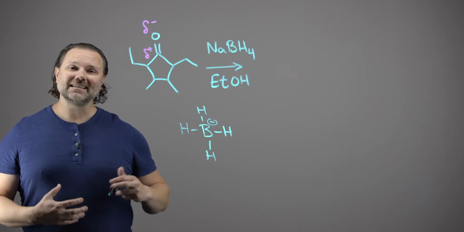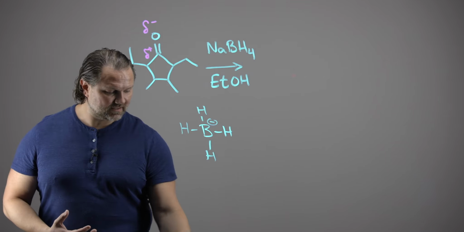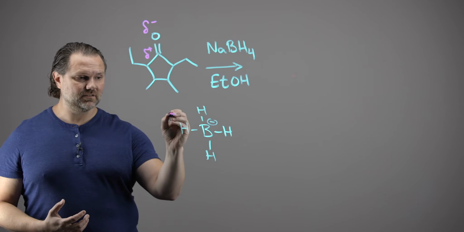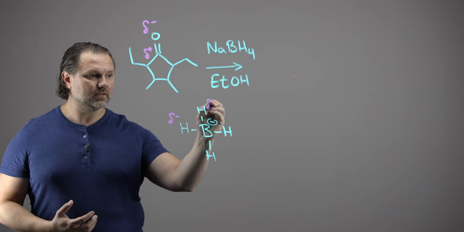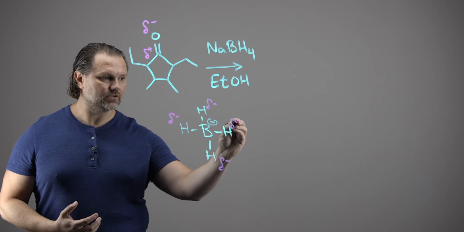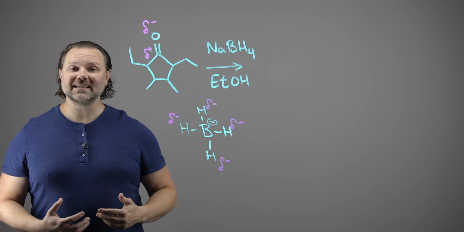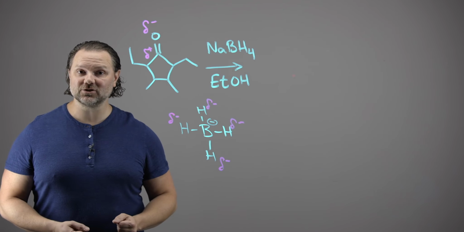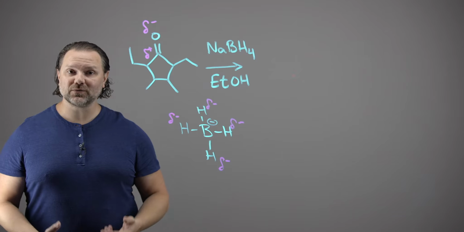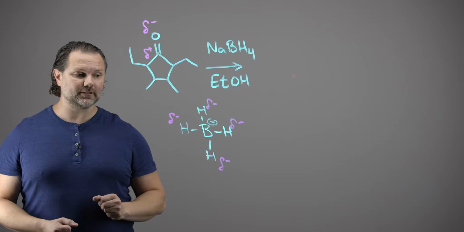But it's actually a more accurate representation to say that there is a small negative charge on each of the hydrogens, and that the boron is almost neutrally charged. The reason is that boron is less electronegative than hydrogen. And so the electron density is greater close to the hydrogen.